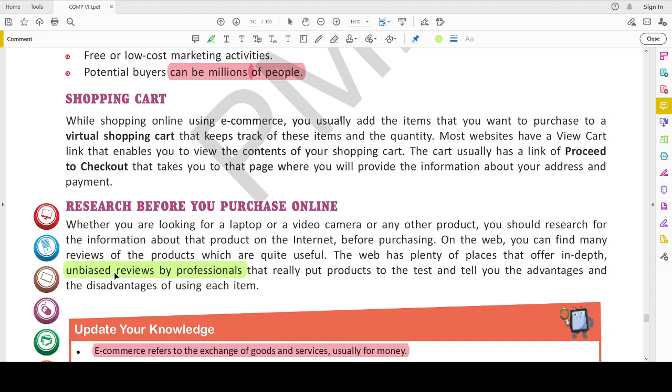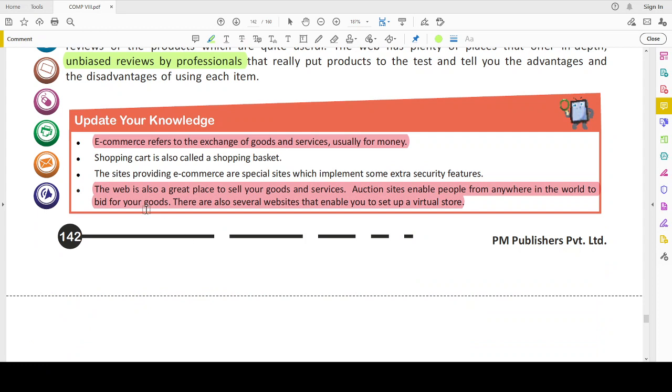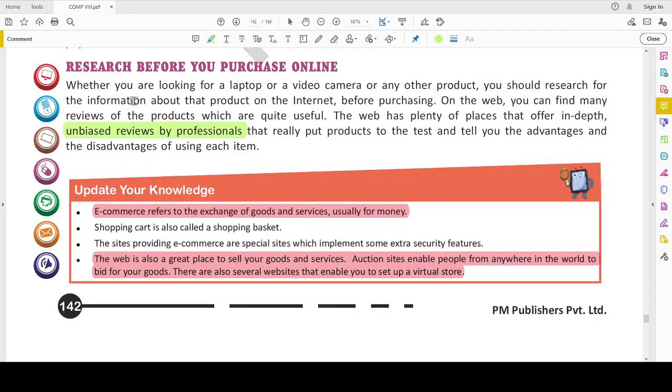That may be a provoking one to buy the product. Okay, so the unbiased reviews are very important for research on the item, so that you can do well while purchasing an item online. That really put the products to test and tell you the advantages and disadvantages. What are the advantages and what are the disadvantages of the product? Okay, so you should know while you are purchasing the product.